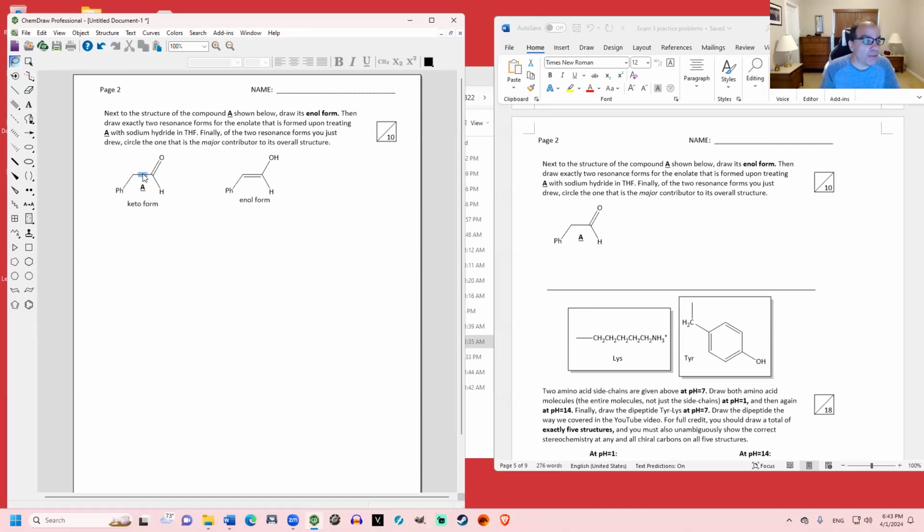Then the question says to treat this aldehyde with sodium hydride and THF. And you need to know that NaH is H minus. Remember, we don't even acknowledge the sodium.